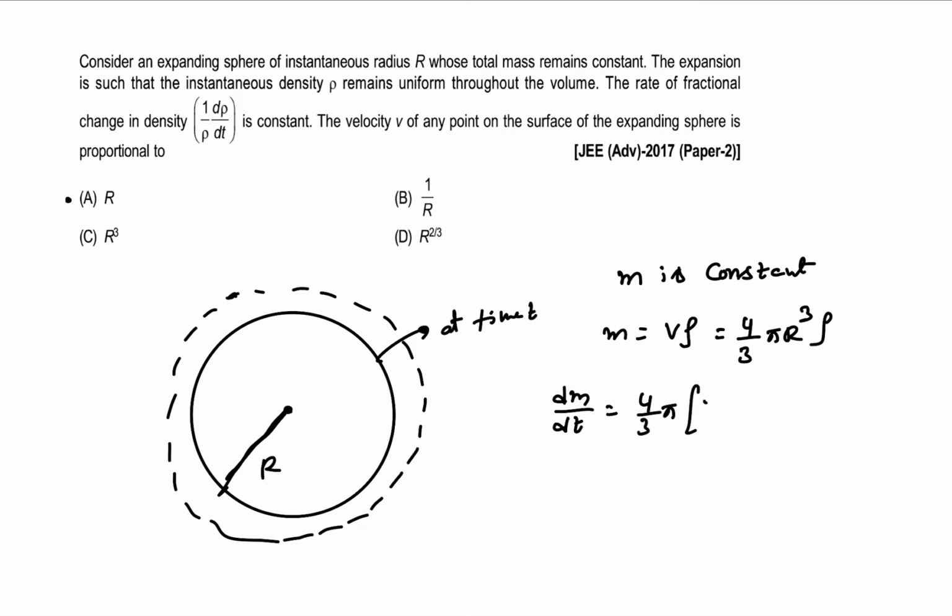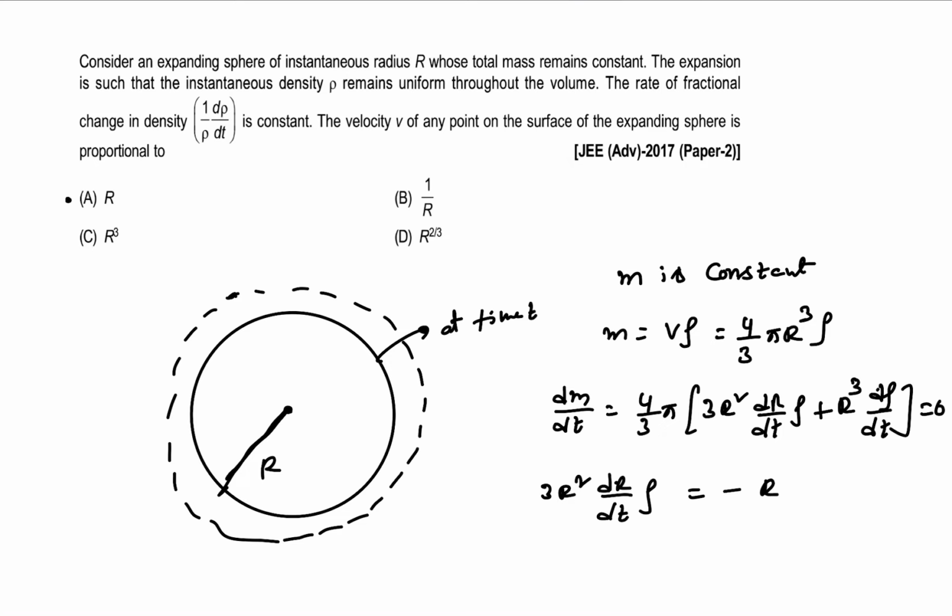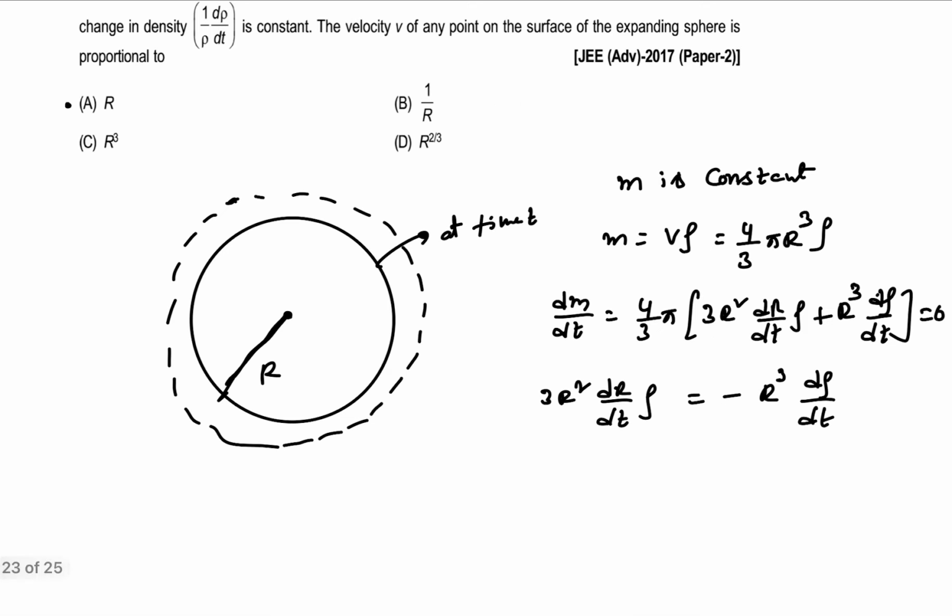That's why I am doing dm by dt now. 4/3 pi r cube rho: you can write it as 3 into r square into dr by dt into rho plus r cube into d rho divided by dt. The whole thing is 0 as mass is constant. So you can write 3r square into dr divided by dt into rho is equal to minus r cube into d rho divided by dt.